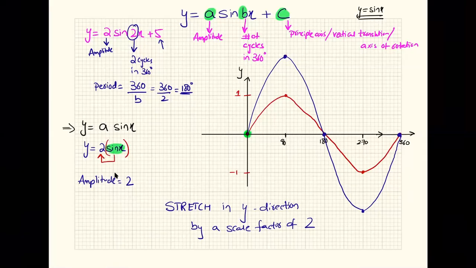Okay, clear sir, till here? Yeah. Okay. Now I'm going to tell you what will happen if you have a situation like this, sin bx. अब b की वैल्यू चेंज करके हम देखेंगे. Again we are going to compare the two equations. One is sin x and the other is sin 2x.